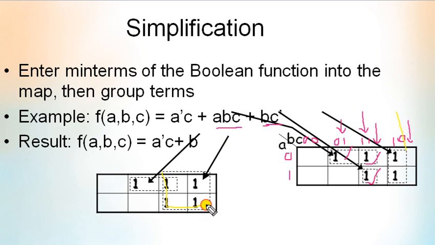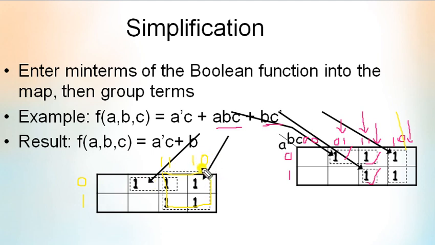And next one is this group, 4 cells. In this group, 0, 1, the value of A is different, and the value of BC is 1, 1, 1, 1 and 1, 0.